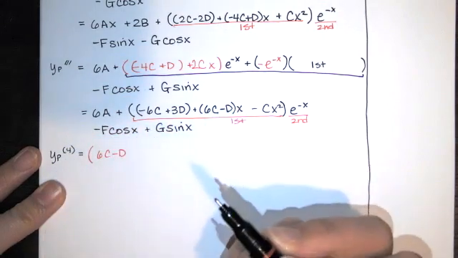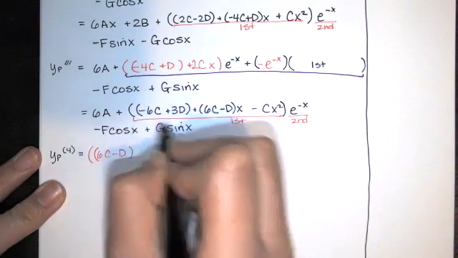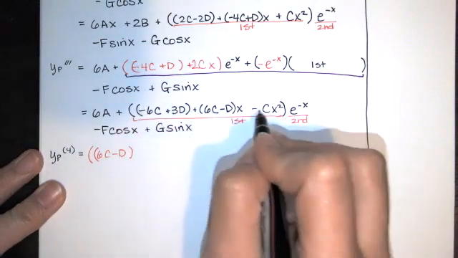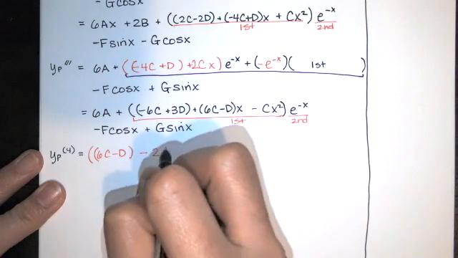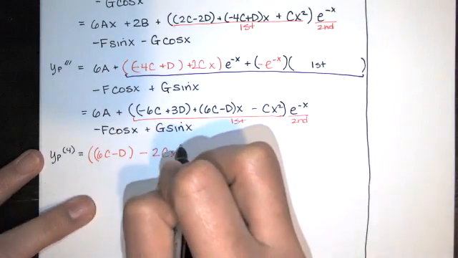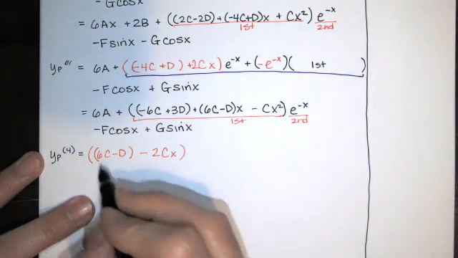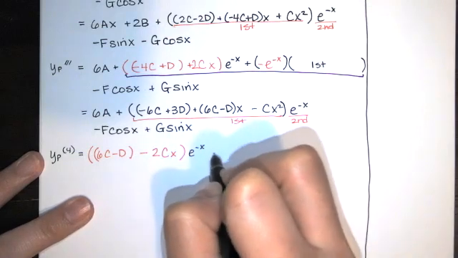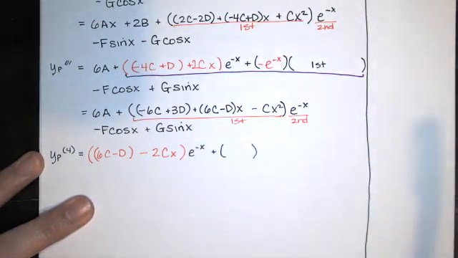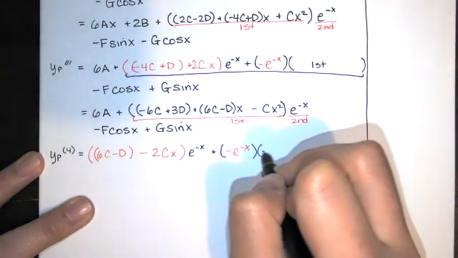Derivative of a constant times x is the constant. Of course, the derivative of the constant is 0. Derivative of negative cx squared is negative 2c times x. It's derivative of the first times the second plus derivative of the second times the first.